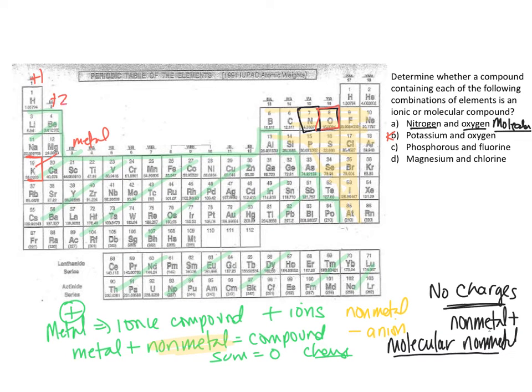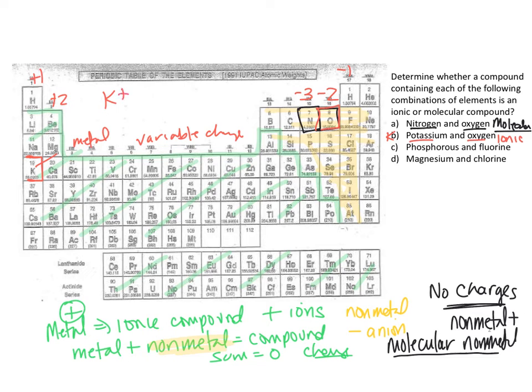These are +2. These are going to be variable charges. And then oxygen, the halogens will be a -1. Oxygen, sulfur, that group will be -2. This will be a -3. So you got potassium and oxygen. So that is going to be an ionic.